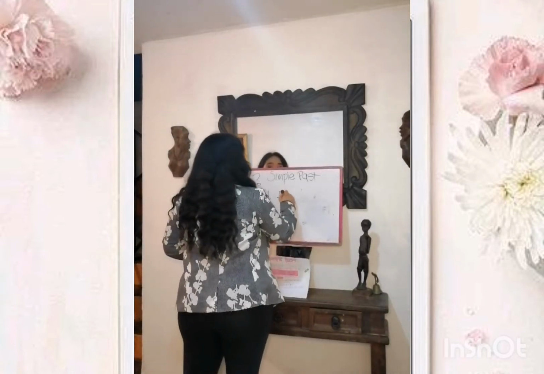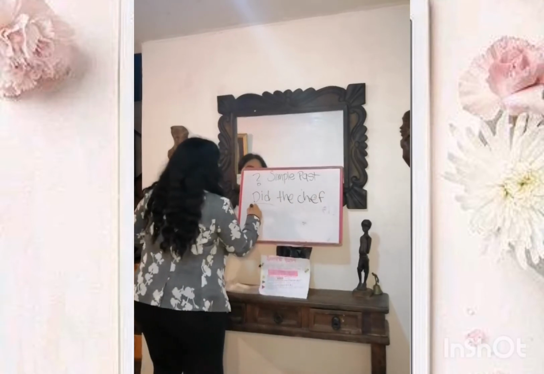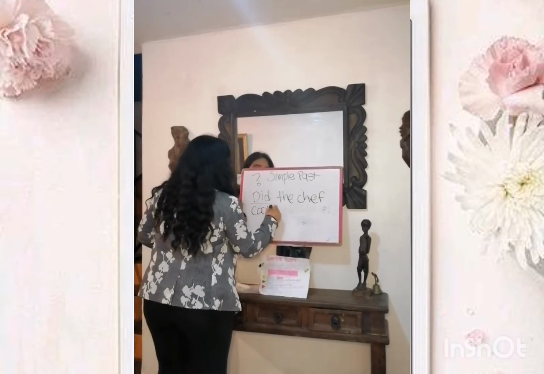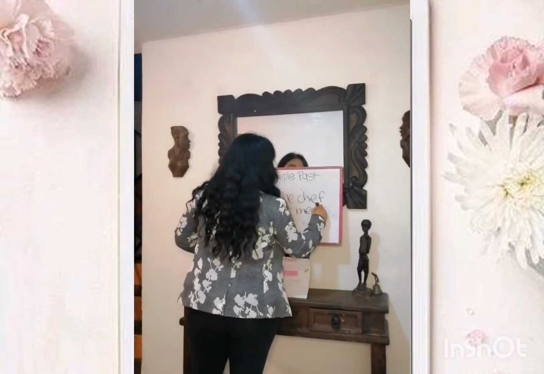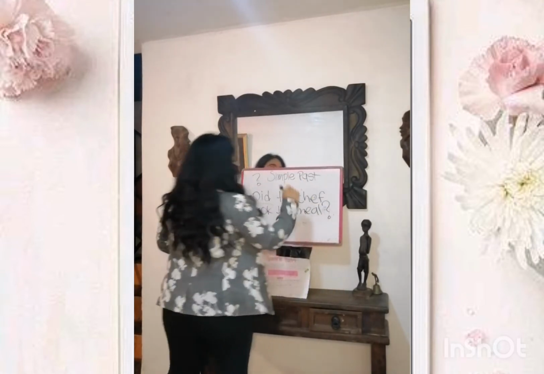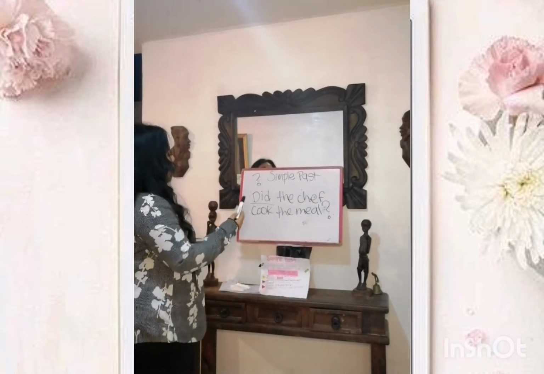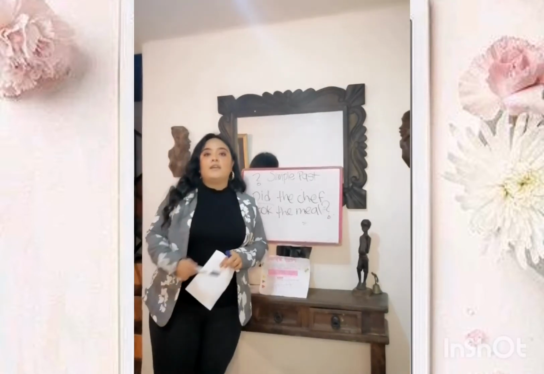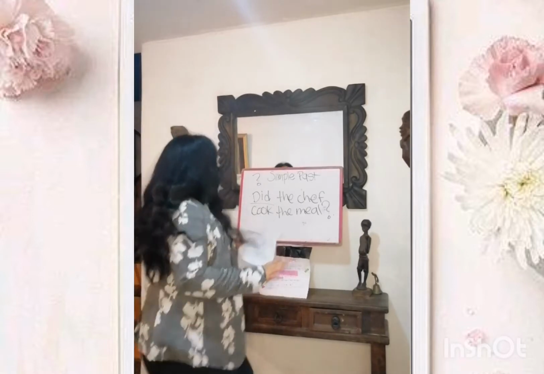Did the chef cook the meal? And then the question mark. So it's gonna be did the chef cook the meal? Okay? So it's pretty easy, right? So we're gonna see some other topics right now.